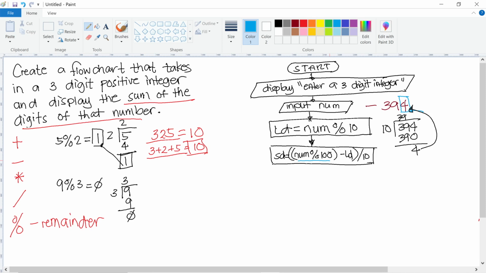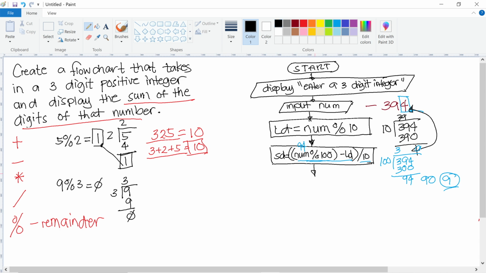We say that num is 394. If we divide 394 by 100, that would give us 3, 300, and the remainder is 94. So this would give us 94. Subtract the value of LD, which is 4, and that would give us a result of 90. After subtracting, we divide it by the value 10, and that would give us 9. And SD will now have a value of 9. So we have extracted the second number.